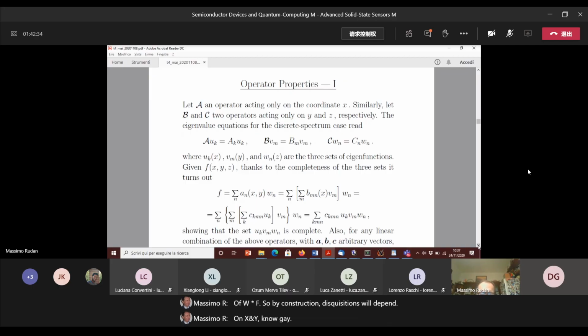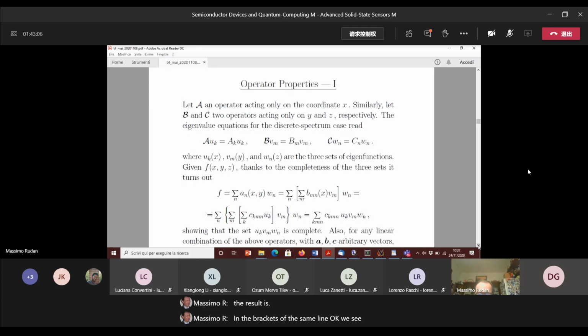At this point, we view a_n as a function of x and y, and we expand a in terms of the v eigenfunctions. So we expand it with respect to the dependence on y. And the result is in the brackets of the same line, okay?